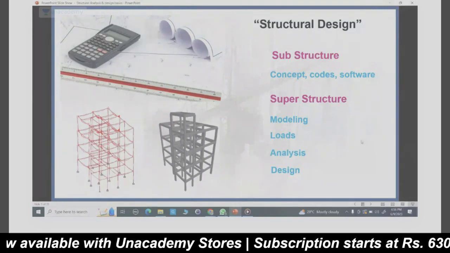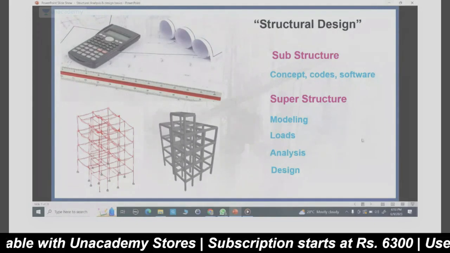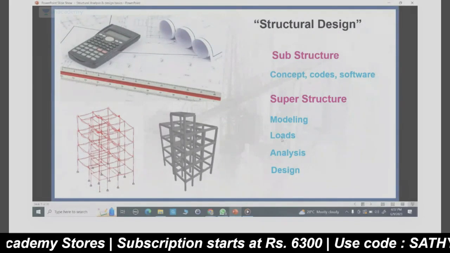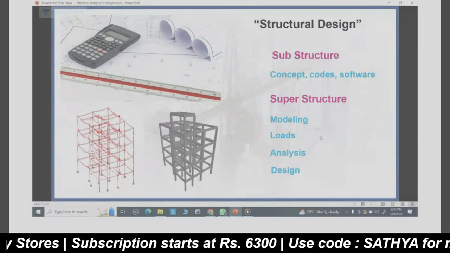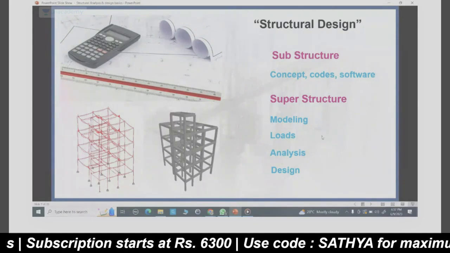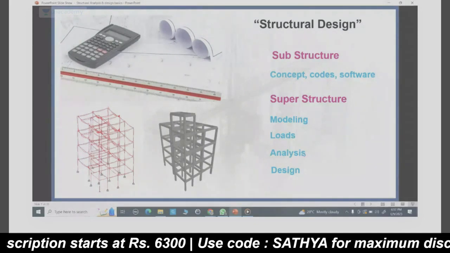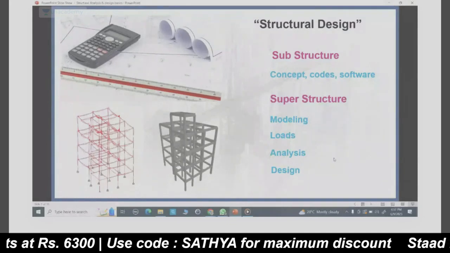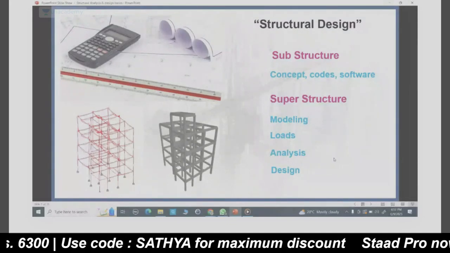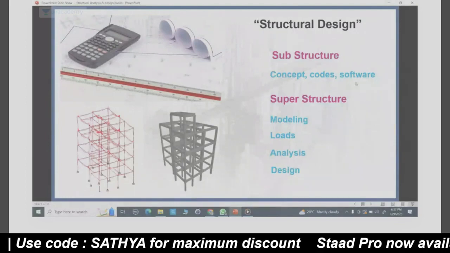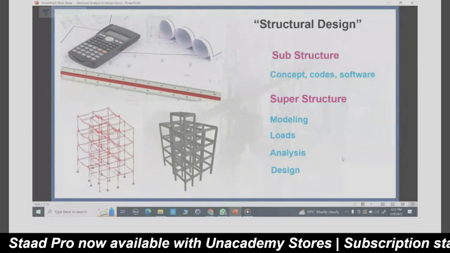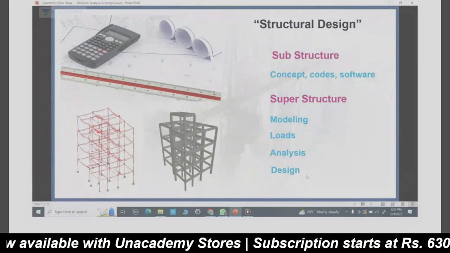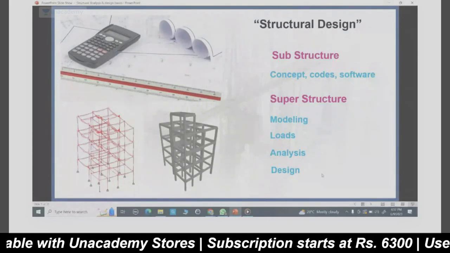Loads include dead load, live load, wind load, and earthquake load. We need to calculate each and every load coming on the structure and apply it. And finally, we need to do the analysis. After analysis, we need to check whether it satisfies the codes and standards, that is, the permissible limits we discussed before, and then we go for the structural design finally.